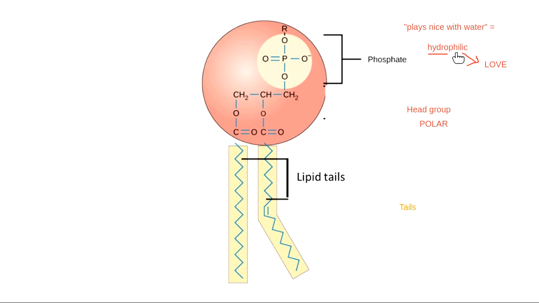So in this lesson, you're going to see a lot of synonyms, words that mean the same thing. Two words that mean the same thing, hydrophilic and polar. These words are synonyms for each other. But these words mean that we play nice with water, that we like to be around water.